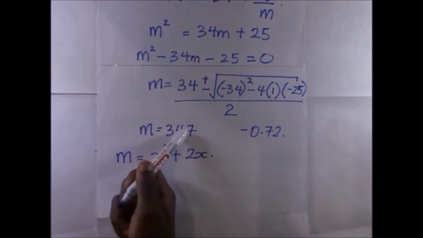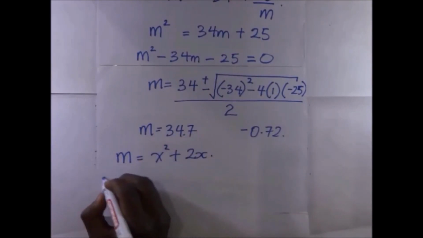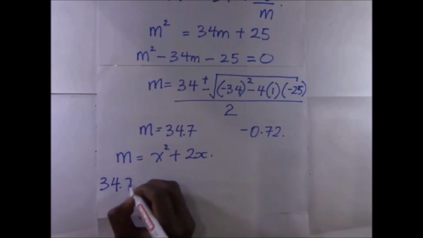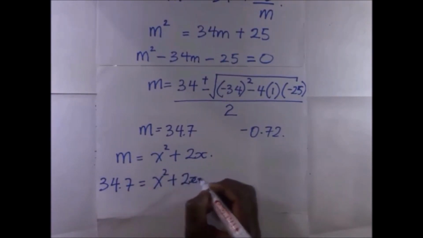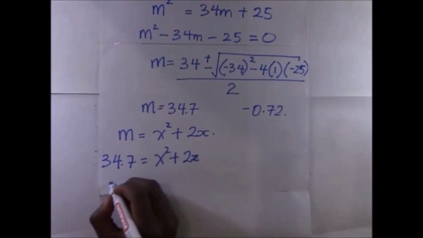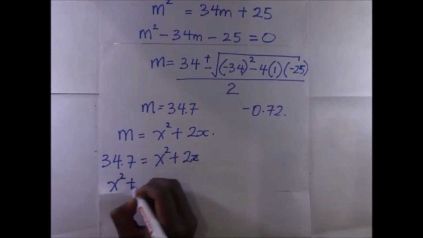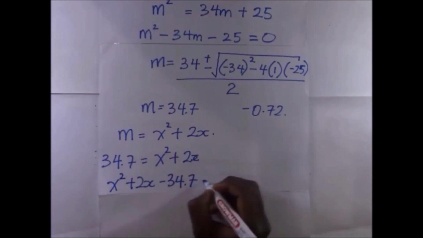Now what happens when m is 34.7? What are we going to get? When m is 34.7, it means that 34.7 is going to be equal to x squared plus 2x. So we are going to end up with a quadratic equation, which is x squared plus 2x minus 34.7 equals 0, if we rearrange it.